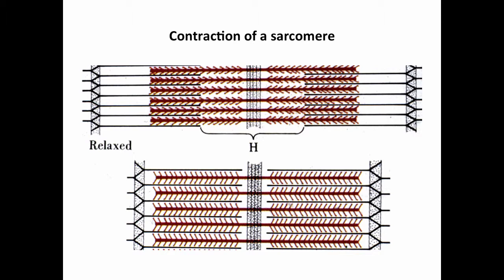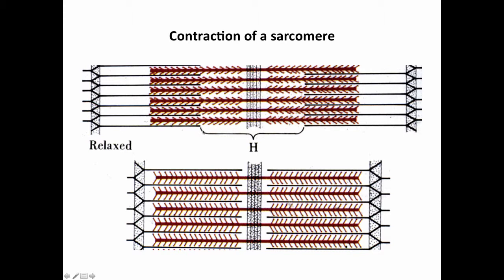Now, when a sarcomere contracts, the Z lines, Z discs, get pulled in towards the center of the sarcomere from each side. The length of the A band does not change. The length of the actin filaments does not change. They just get pulled in towards the center of the sarcomere, and we'll look at how this happens in a moment.